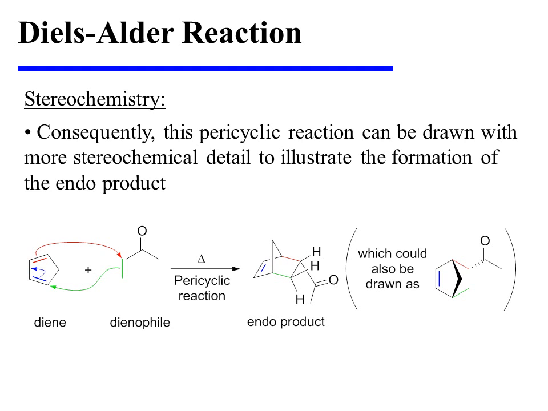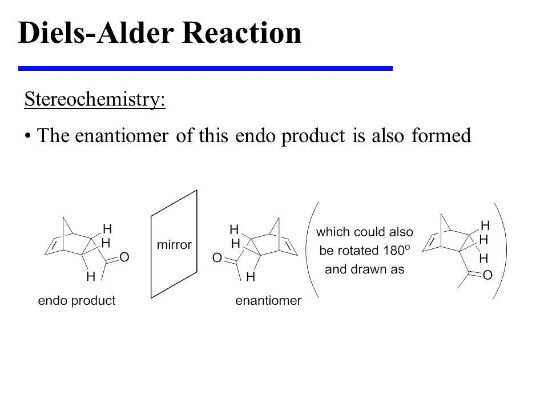Consequently, this pericyclic reaction can be drawn with more stereochemical detail to illustrate the formation of the endo product. And there are multiple three-dimensional perspective drawings that we can use to convey this outcome. It's also important to make note of the fact that both endo enantiomers will be formed.